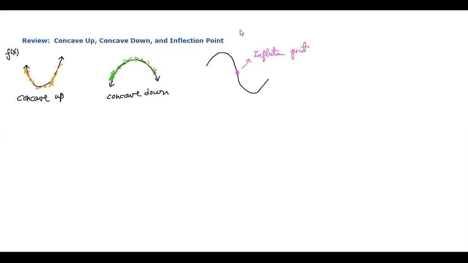That is pretty straightforward. Now let's take a look at the f prime relations. If I only know the f prime graph, how do I decide if it is concave up or concave down? So now I want to show you graphs here. Maybe I'll exaggerate a little bit.